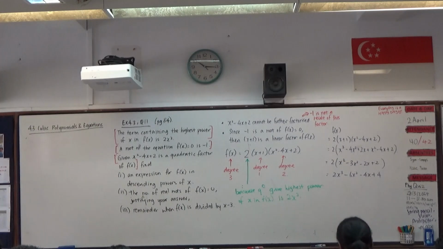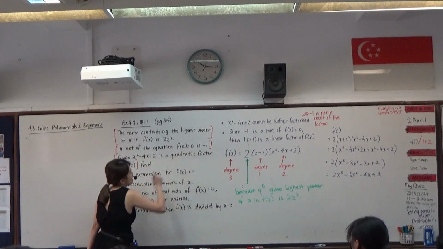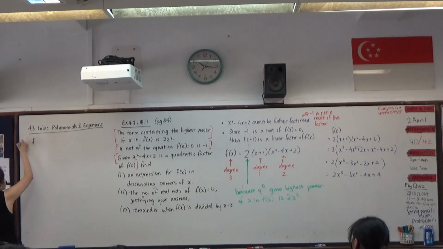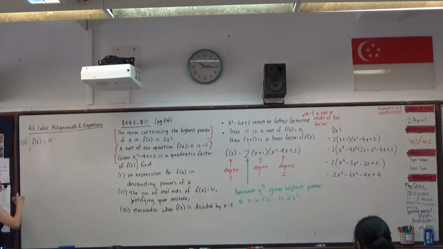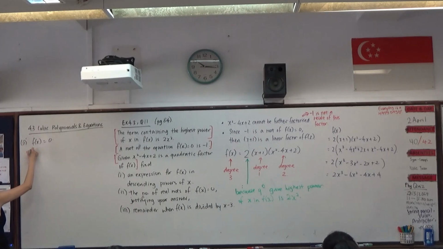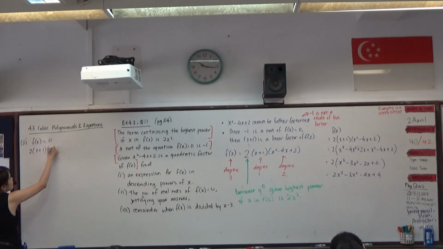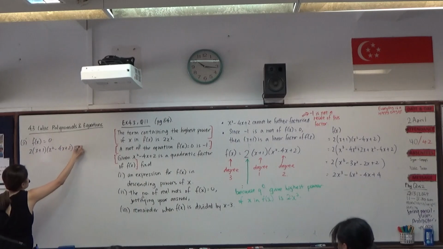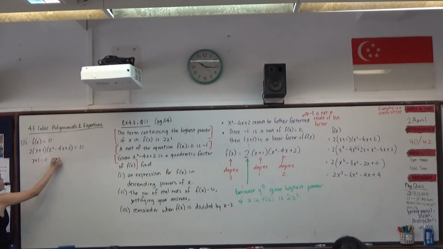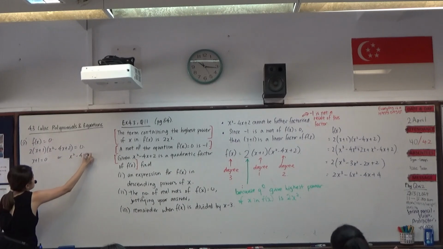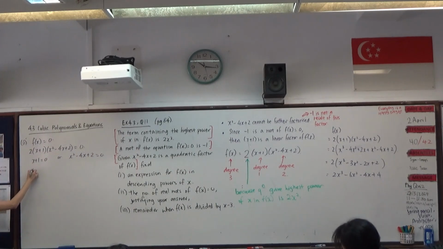Part 2: to find the number of real roots of f(x) equals 0, justifying your answer. Take note the question wants to find the number of real roots, not the exact real roots. Okay? In fact, we already know one of the roots is negative 1. Okay, so with f(x) equals 0, we make use of the factorized form rather than the expanded form. So (x plus 1)(x squared minus 4x plus 2) equals 0. Means that x plus 1 equals 0 or x squared minus 4x plus 2 equals 0. So this gives us one root already, which the question also told us.